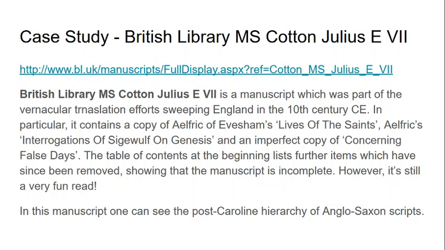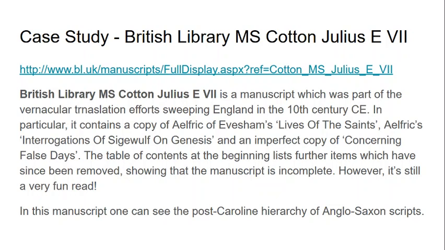The table of contents at the beginning, which is a medieval copy, lists other items that have been removed from the manuscript, showing us that the manuscript we have today, which you can access at the British Library website following the link, is an incomplete manuscript.